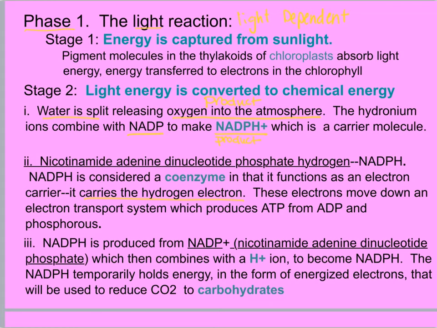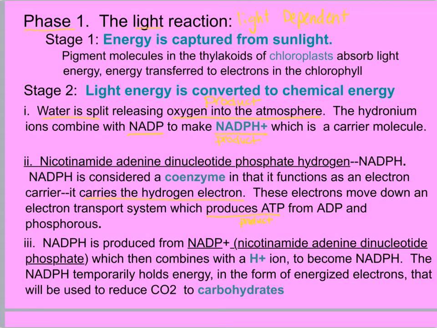Anyway, so they're going to move down an electron transport system. As it moves down the electron transport system, it's going to produce ATP from ADP and a phosphate group. So there's another product of the light reaction, ATP. So the NADPH is produced from NADP combined with the hydrogen ion that was split off of the water.